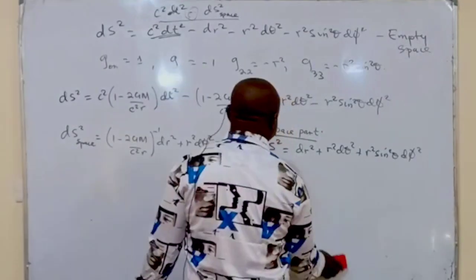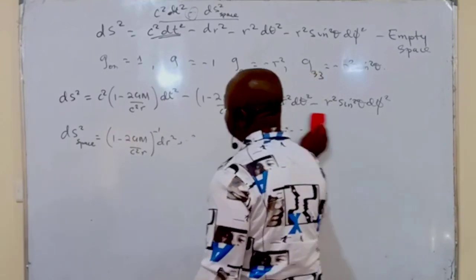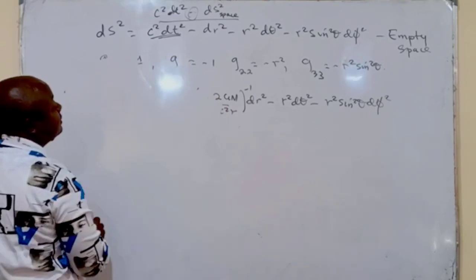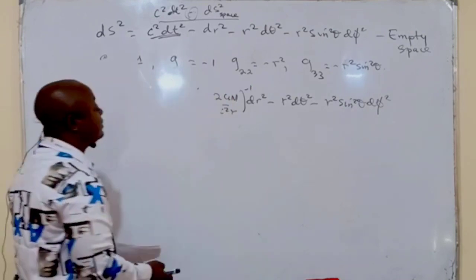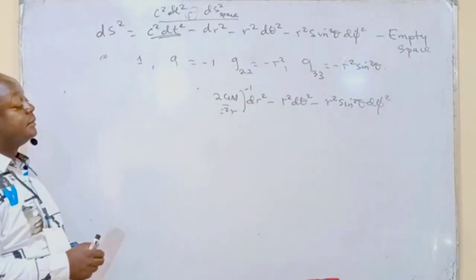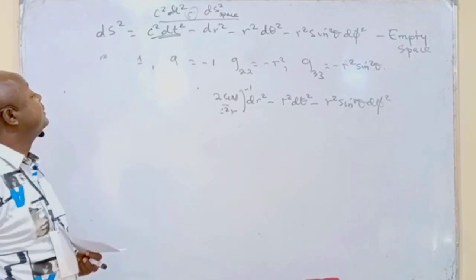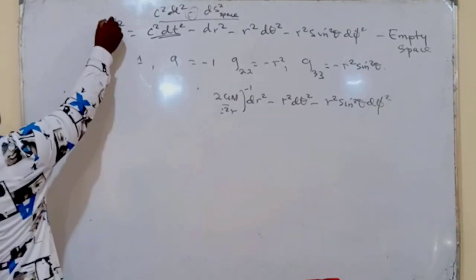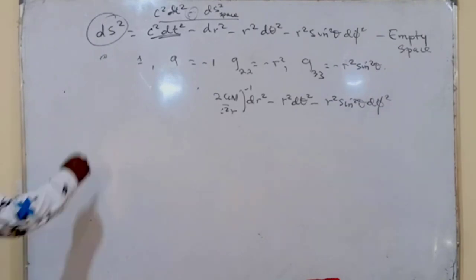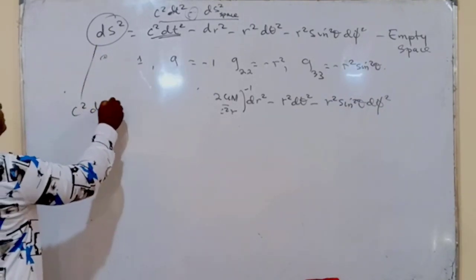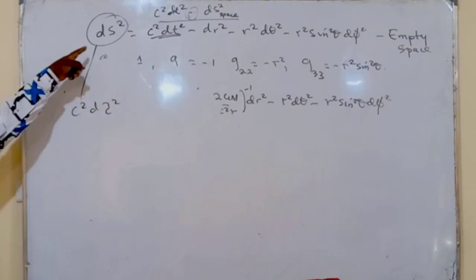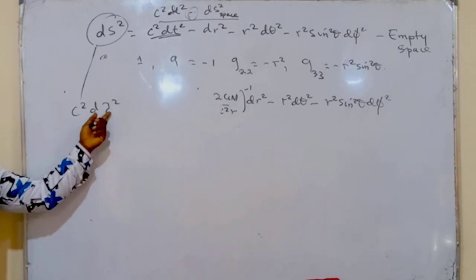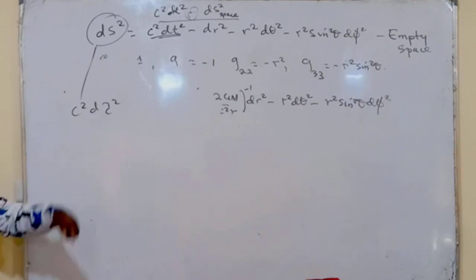So let's look at time dilation. I can write this as c squared d tau squared, where tau is the proper time.